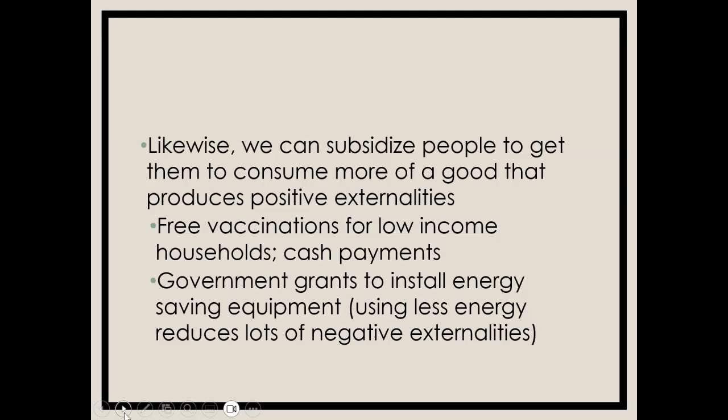So those are examples of subsidies that are offered to people to get them to do something with a positive externality. Likewise, government grants are offered to install energy-saving equipment because using less energy reduces a lot of externalities. And a law was recently passed that granted subsidies to people installing solar power to try to deal with greenhouse gases.